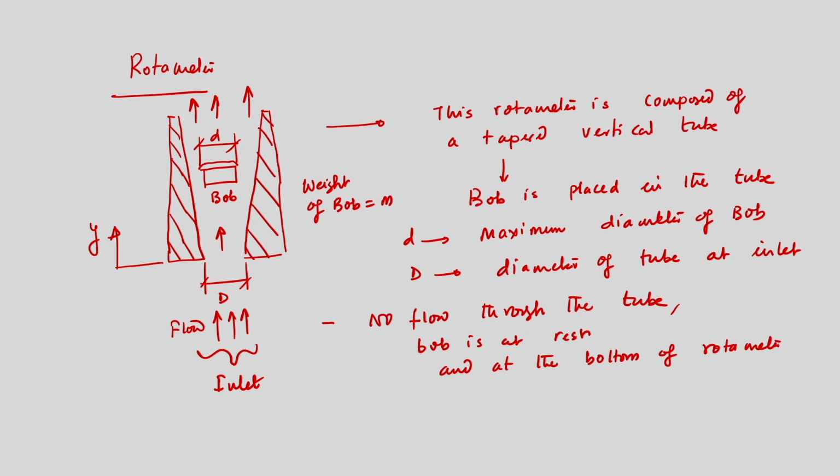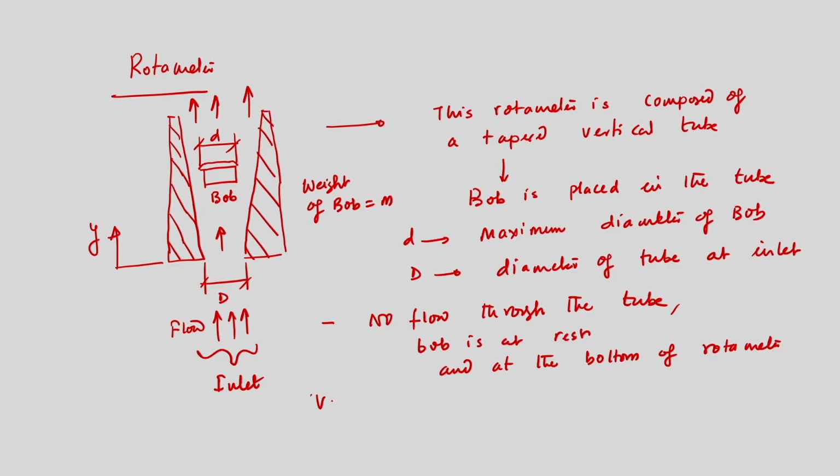Now, say a vertical flow is flowing through the tube. If we consider the velocity of the flow, vertical flow velocity between the tube and bob, is um.